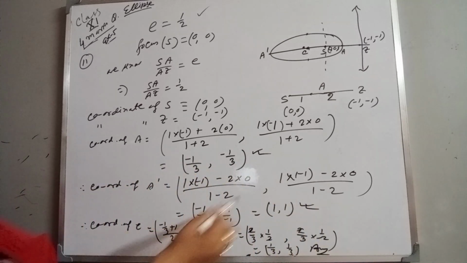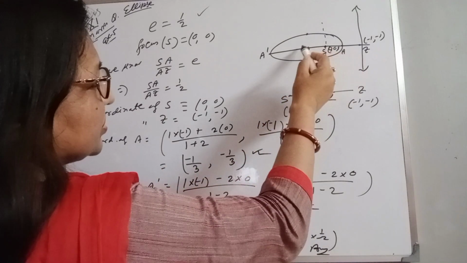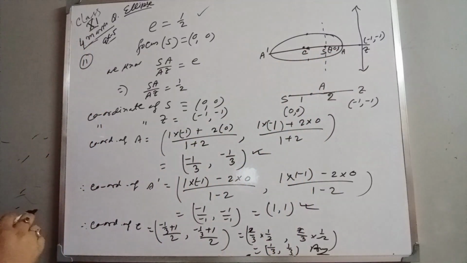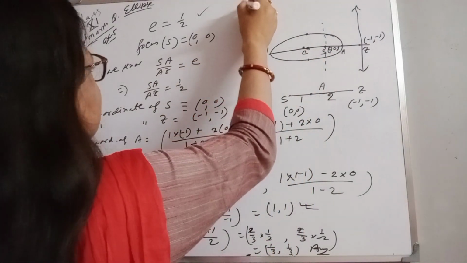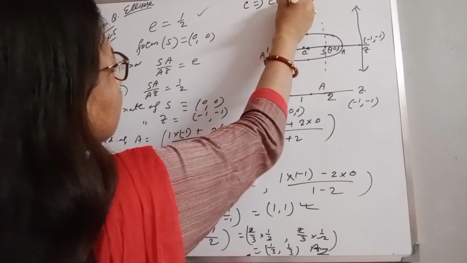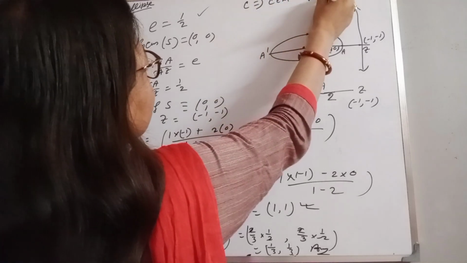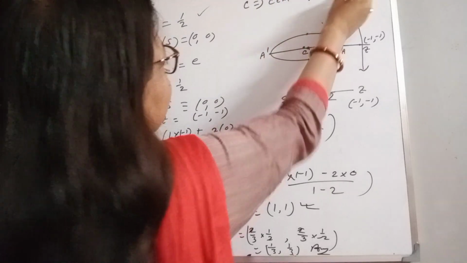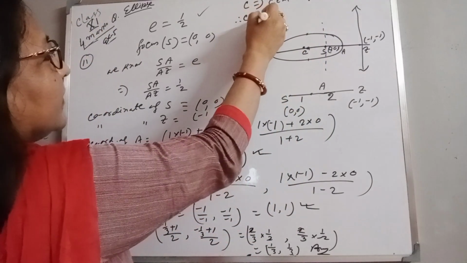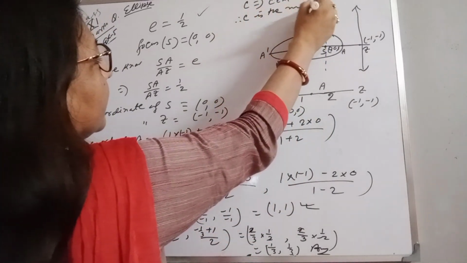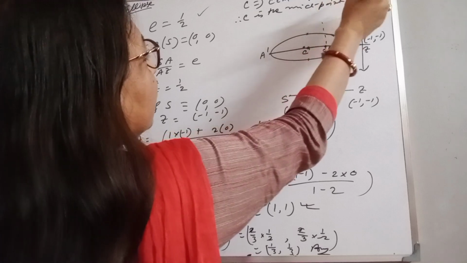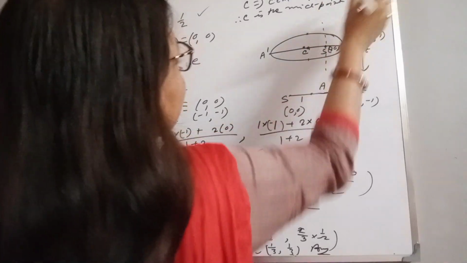Now what is the coordinate of C? C is the center of the ellipse, therefore C is the midpoint of A A dash.